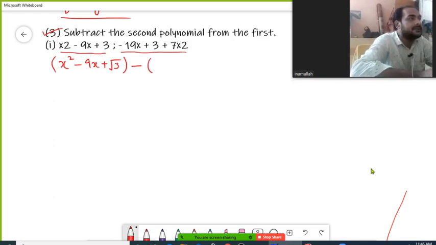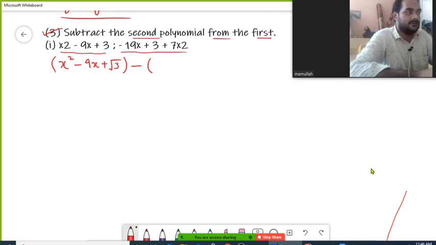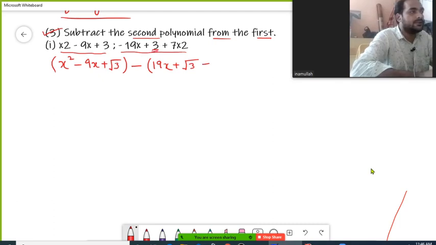The question says subtract the second polynomial from the first. So we are subtracting the second polynomial. That's why I am writing the second polynomial after the first polynomial. So my second polynomial is 19x plus root 3, which is also root 3 in the original question, plus 7x square.